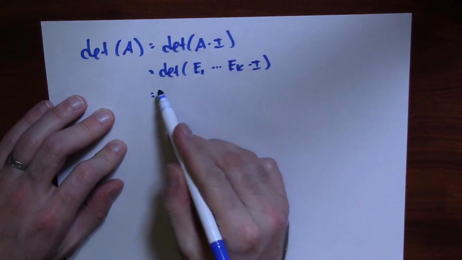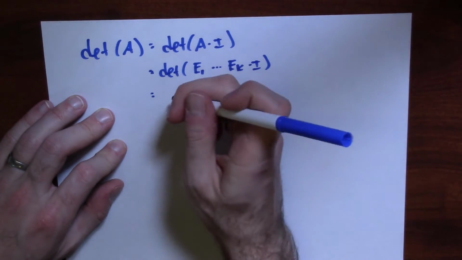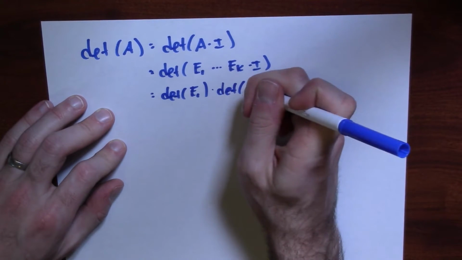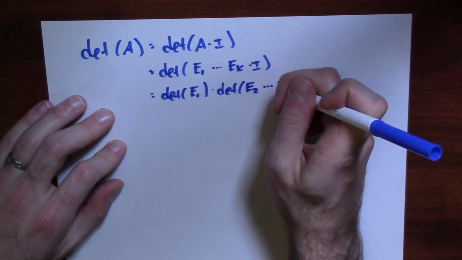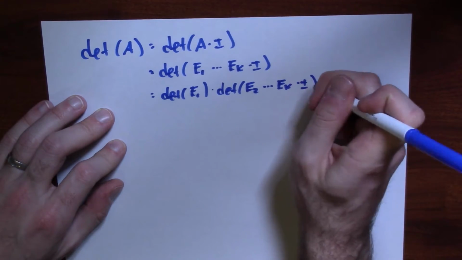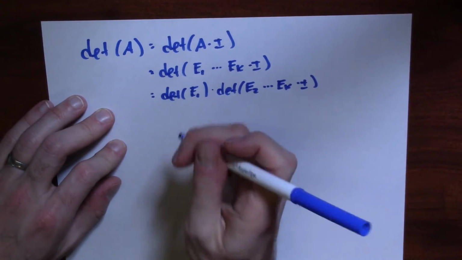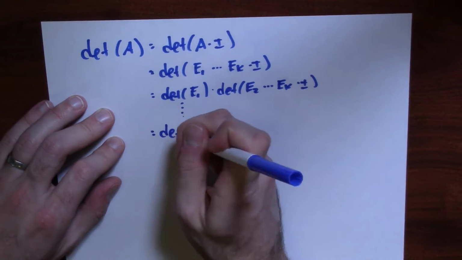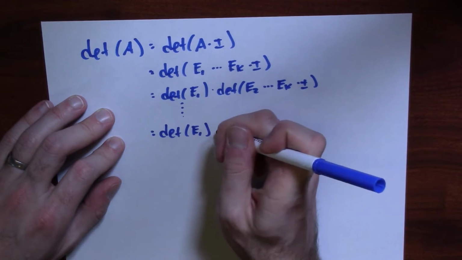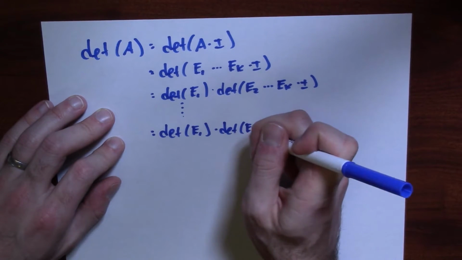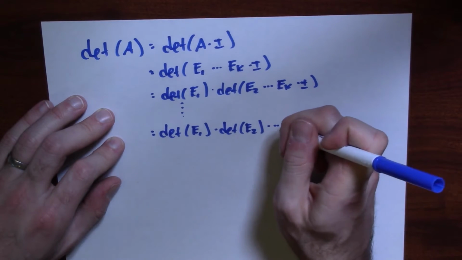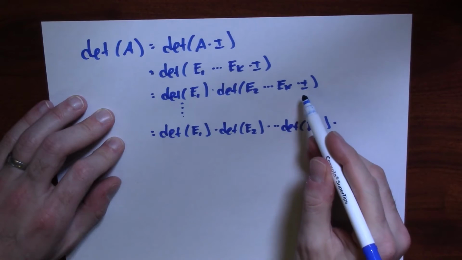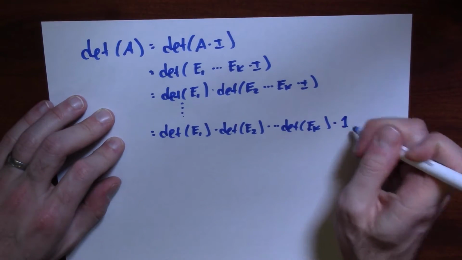Using the lemma, I can express the determinant of this product as the determinant of E1 times the determinant of the rest of the terms, E2 through EK, times the identity matrix. By repeatedly applying that lemma k times, I'll deduce that the determinant of A is the determinant of E1 times the determinant of E2 and so on until the determinant of EK times the determinant of the identity matrix, which is just 1.